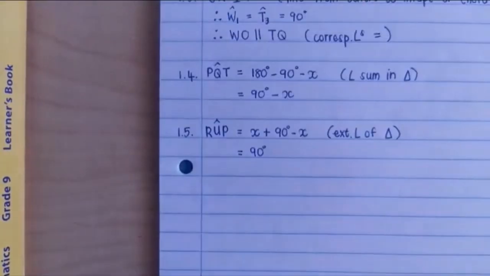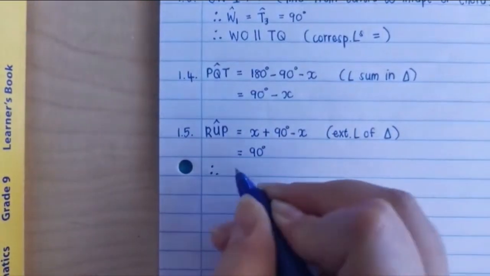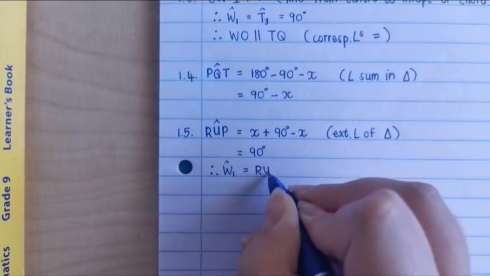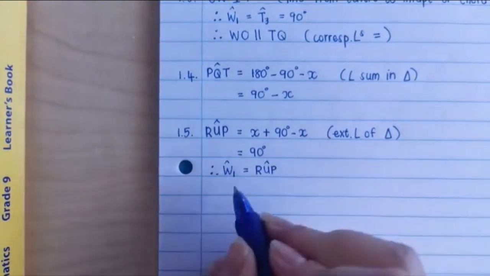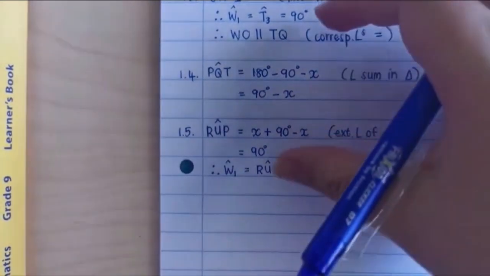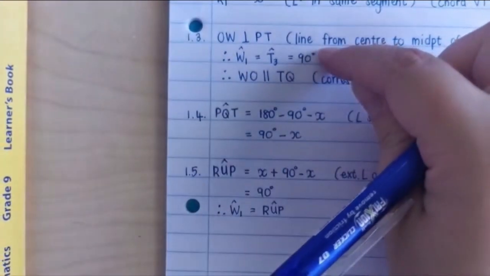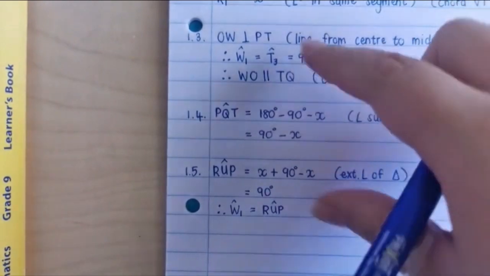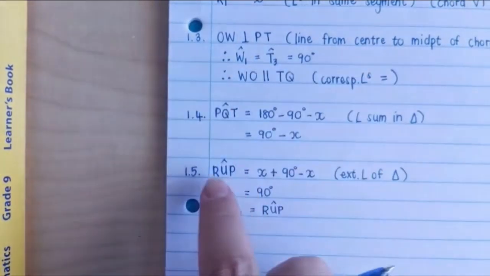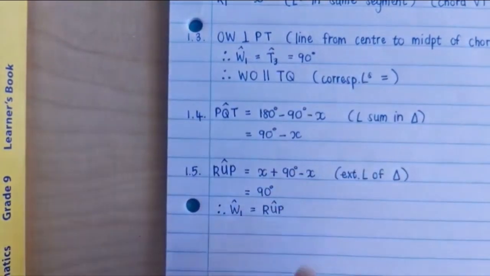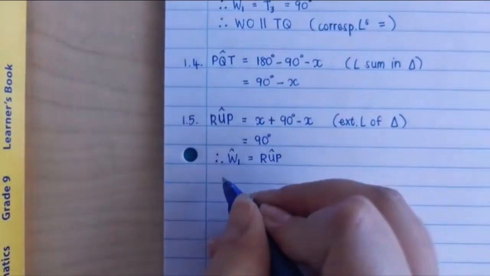All right, so therefore W1 is equal to RUP. Again, we don't need a reason for that because we've actually written it down already. So W1 is 90, I wrote there, and RUP is 90. Now I'm just summarizing those two points. So W1 is equal to RUP.